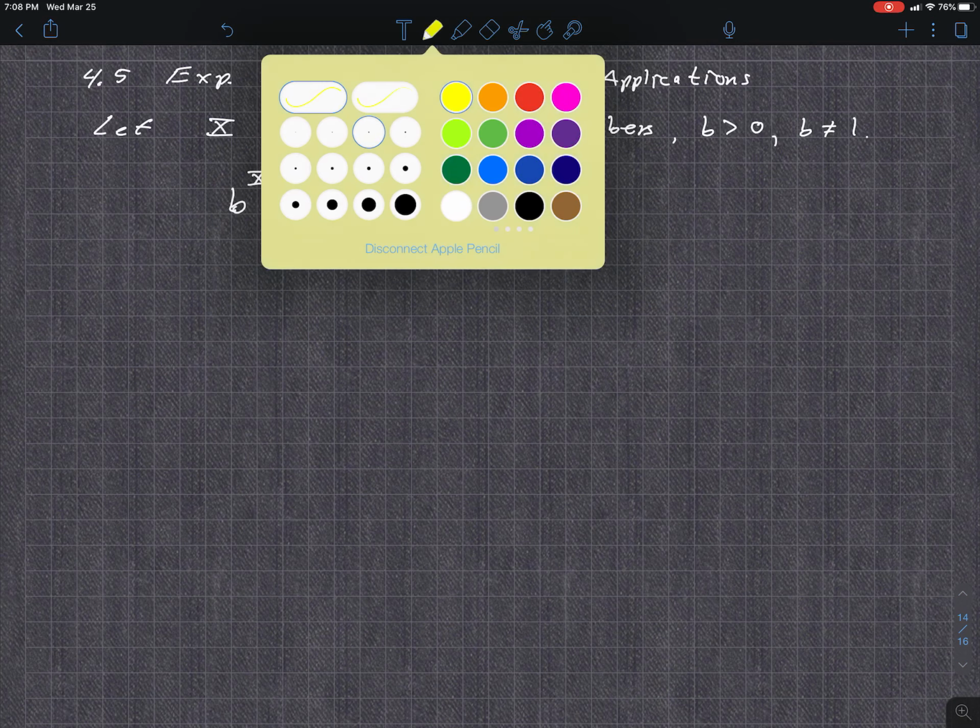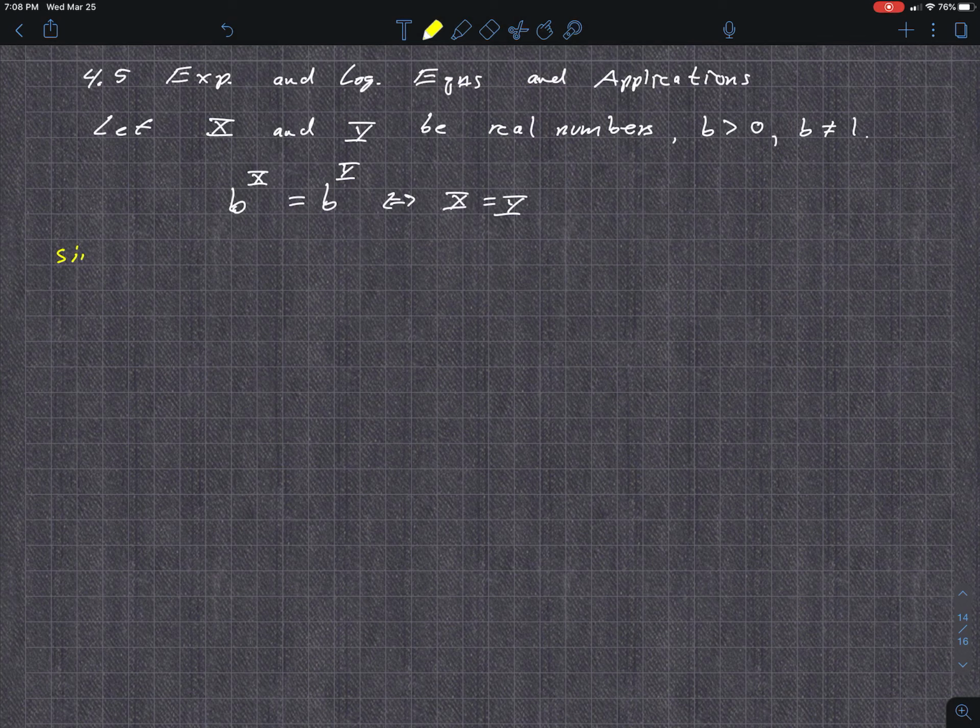All right, so this is what we would refer to as similar bases. Let's check out some examples. First example, you're asked to solve 4 raised to the 2x minus 3 equal to 64.